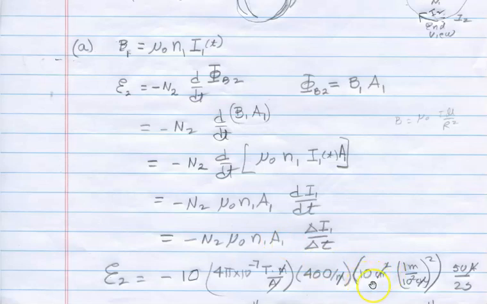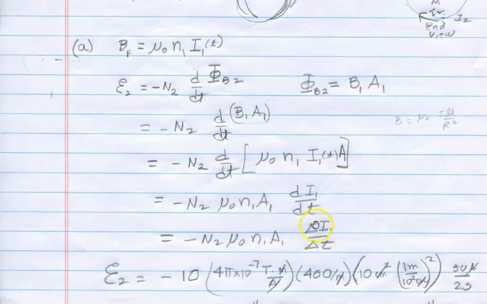Area 1, that's the area of the small solenoid, which was 10 square centimeters. But again, we need to make sure everything is in MKS units, so I need to convert centimeters to meters. And I know in 1 meter there's 100 centimeters, but that'll only get rid of one of those, so make sure you square that, to get square meter on top and 10 to the 4 square centimeters on bottom.